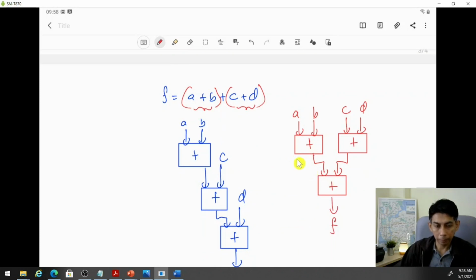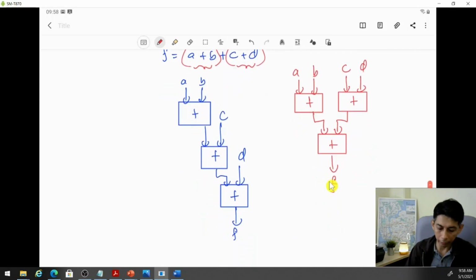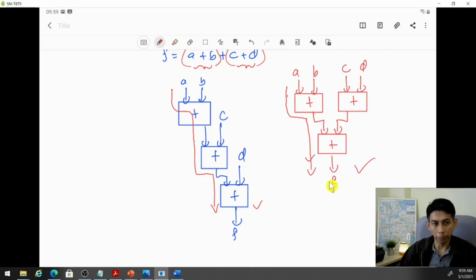So we can see that this circuit is faster as compared to this one, because the propagation delay for this circuit is larger as compared to this one. That's because the signal needs to travel through 3 adders. But in this one, the signal just needs to travel from this adder to this adder. So this is of course faster.